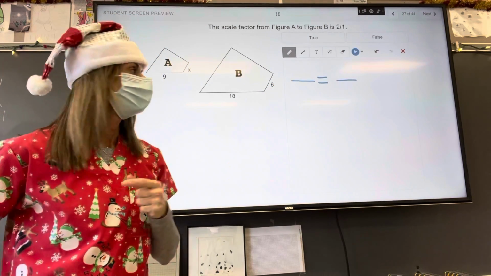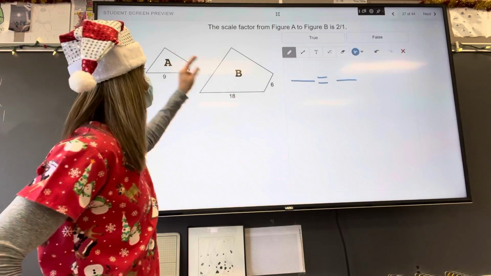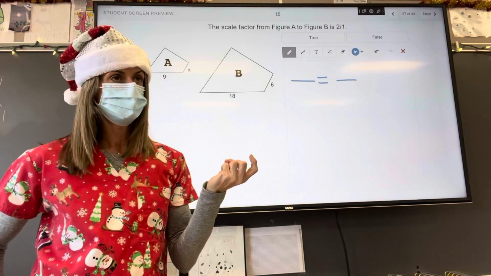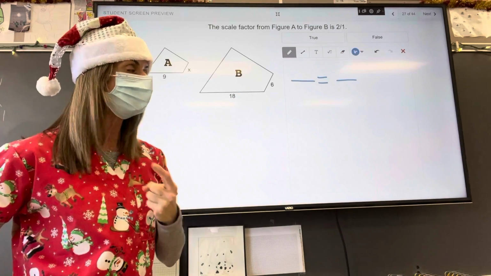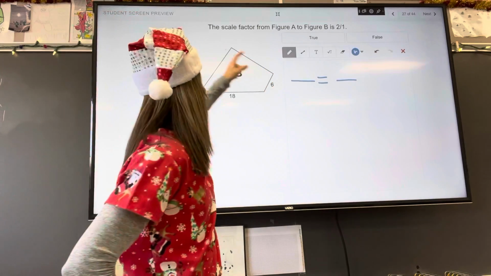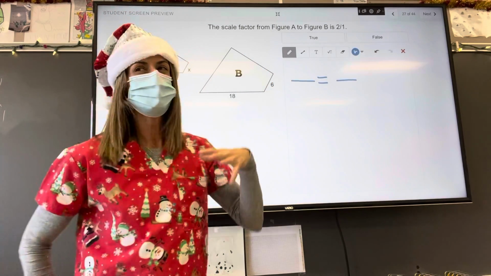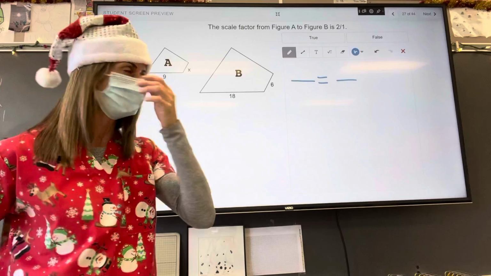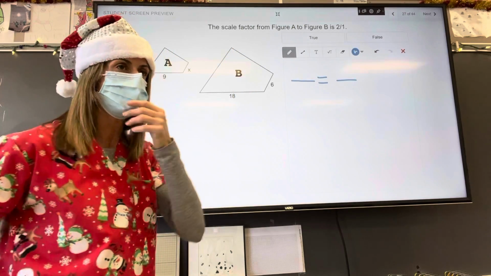Or if I put 18 over 9, that's fine too, but then on the other side I have to put 6 over x. Those are the most common mistakes, to flip something around and not put it in the right location.